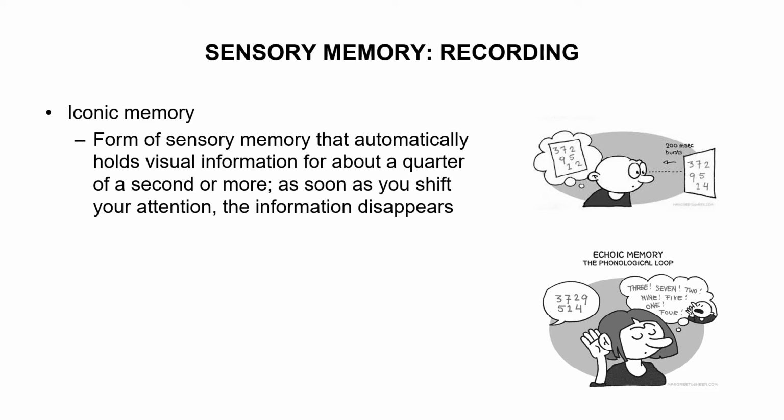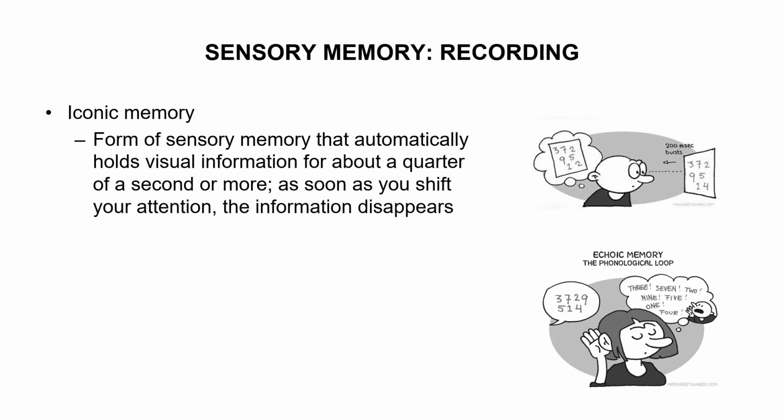Let's look at the 2 different types of memory within sensory memory. The first is iconic memory. Iconic memory is vision. So it's sensory memory for visual information. It holds information, like I said, for about a quarter of a second, but when you shift your attention away, it disappears.